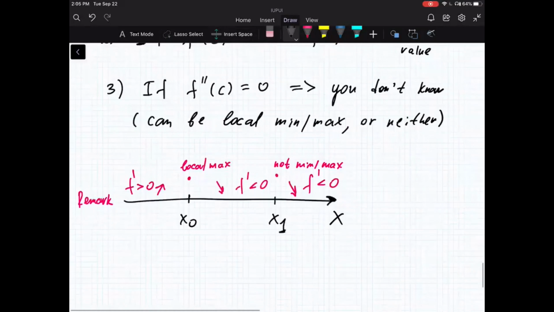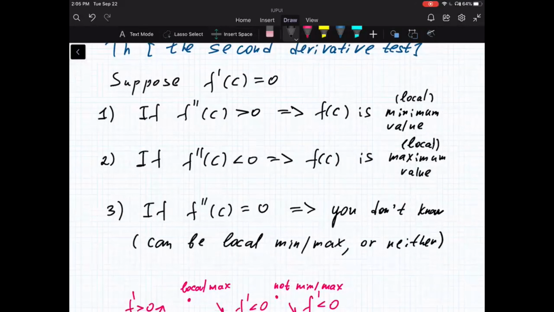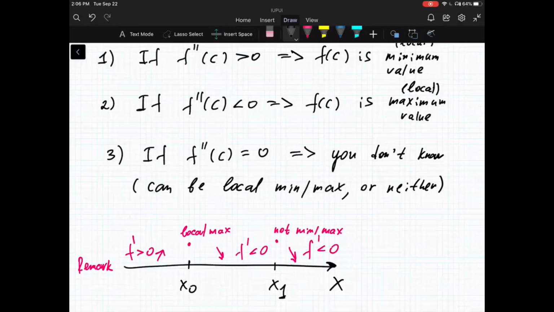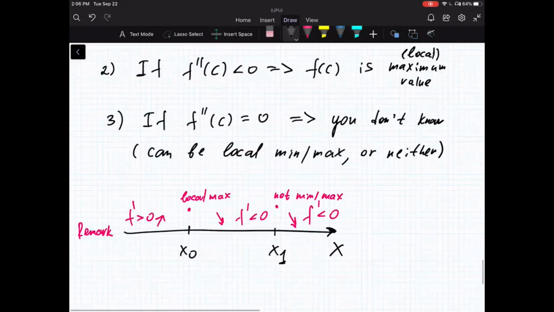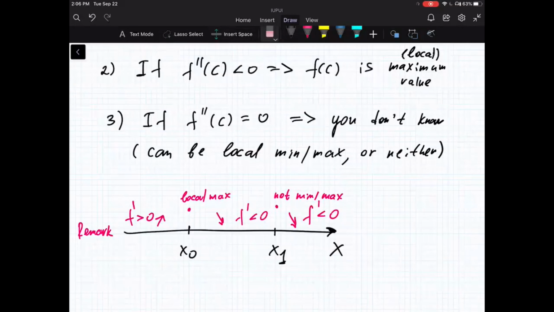Instead, you just need to calculate the second derivative and find its sign at that point, and that's it, if you're lucky, if you're in the first or second situation. But if you're in the third situation, when the second derivative is 0, you need to do this procedure, in fact, unfortunately.